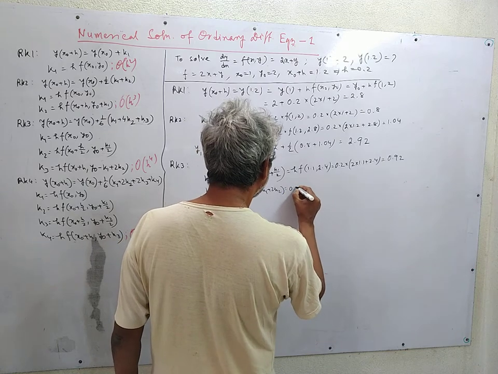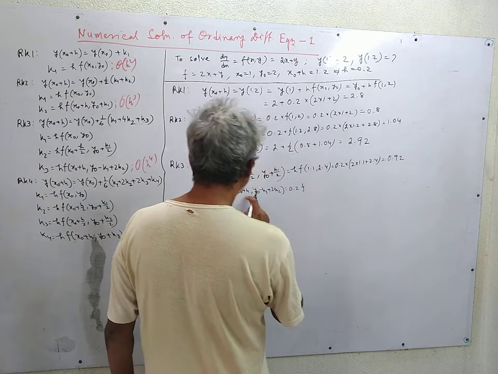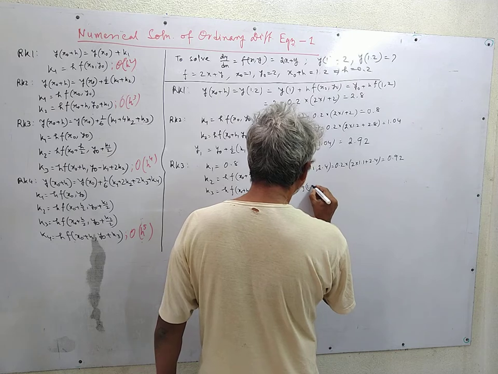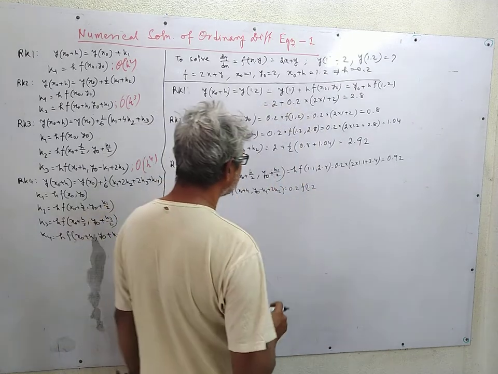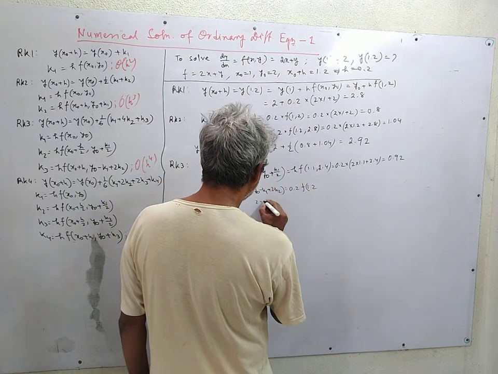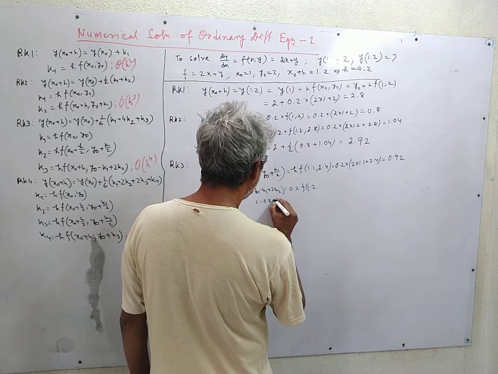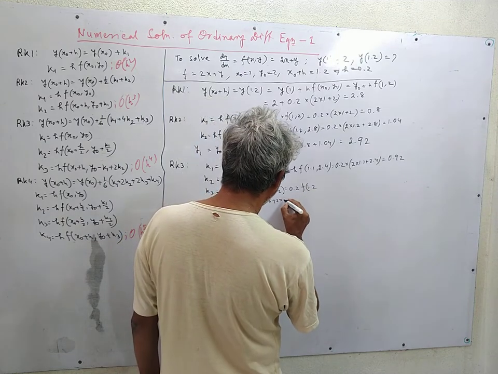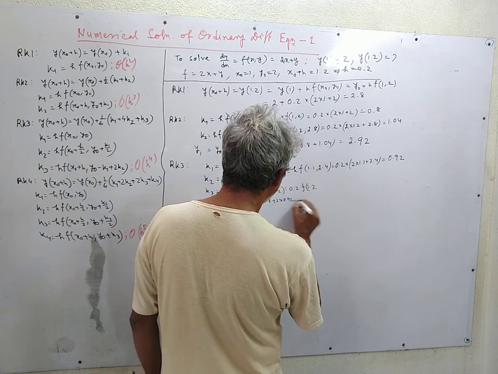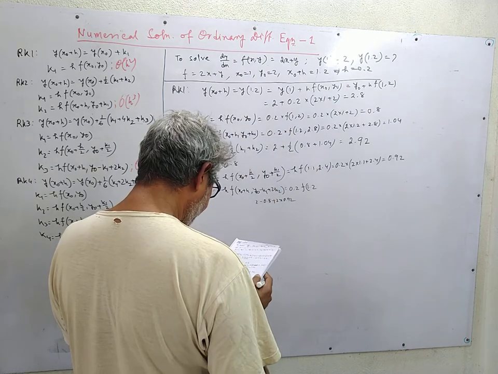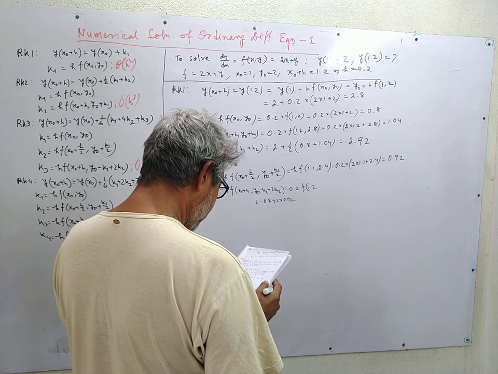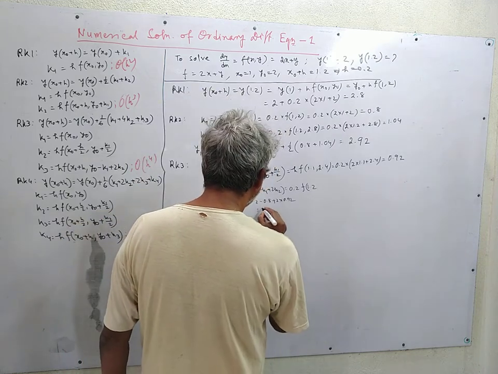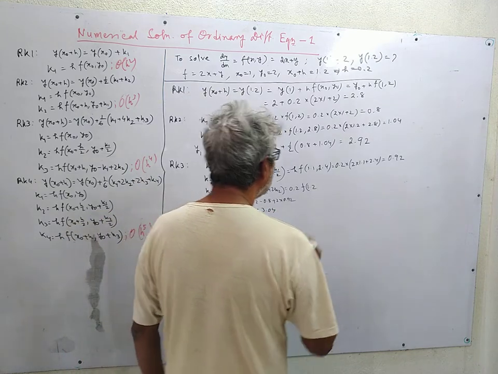This is 0.2, f of 1.2; x0 plus h is 1.2, and y0 minus 0.8 plus 2 times k2, which is 0.92. So this becomes 3.04.